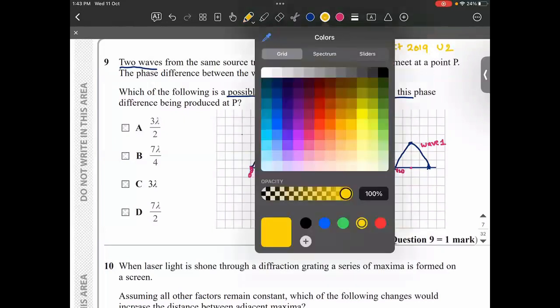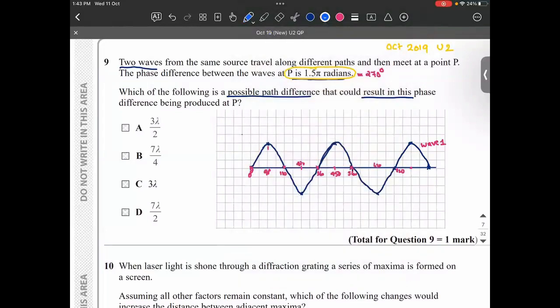Now I am drawing another wave, that is wave number two. The speciality is that it will be starting after 270 degrees. So this is the wave.